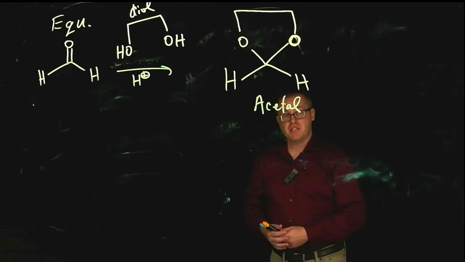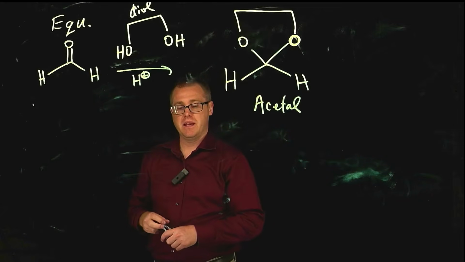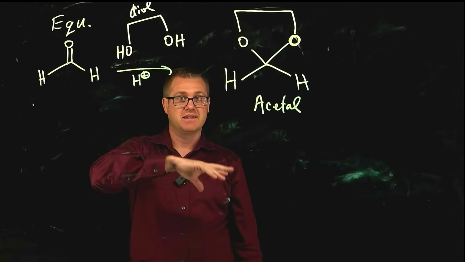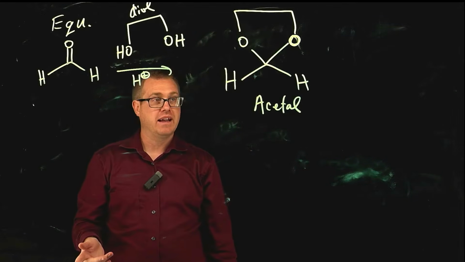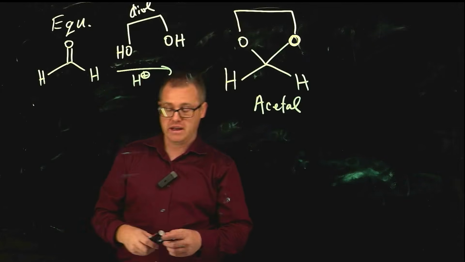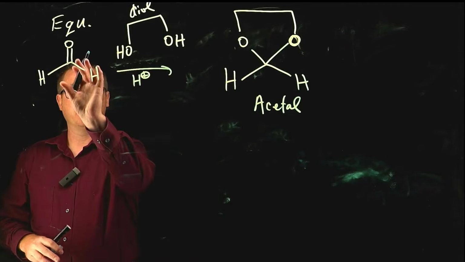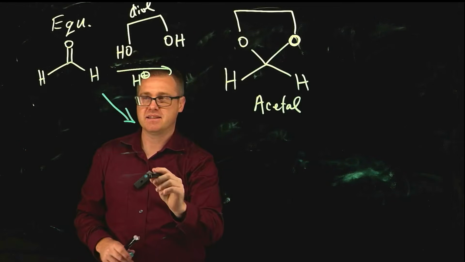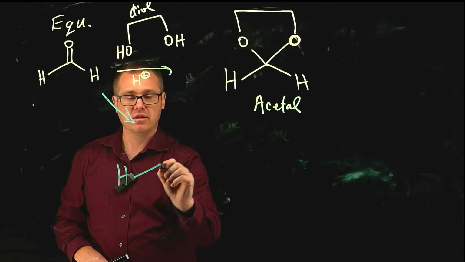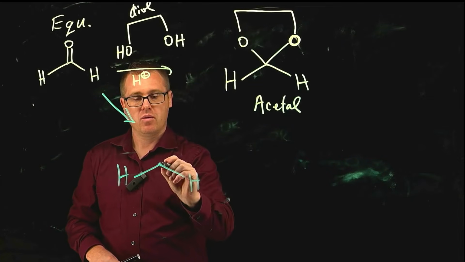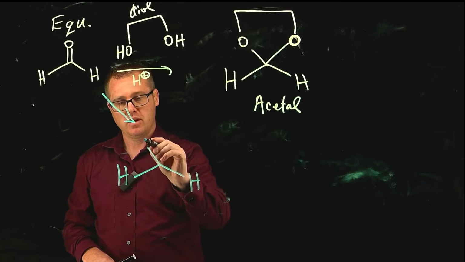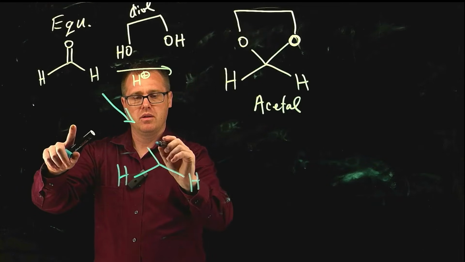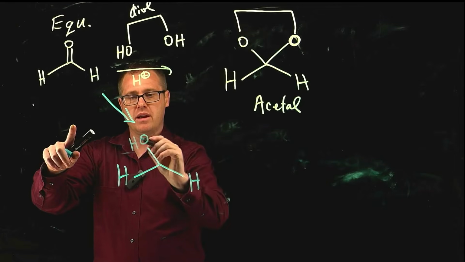What would be beneficial for you to do is to draw the mechanism for this. And the mechanism is exactly the same as what I did before. You're going to get these major intermediates. So if you react this with this, you are going to first form what? The hemiacetal. What would the hemiacetal look like? Well, you're going to have the OH right there.